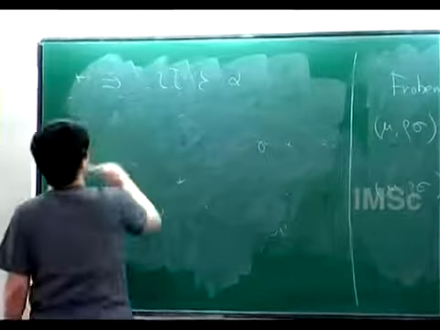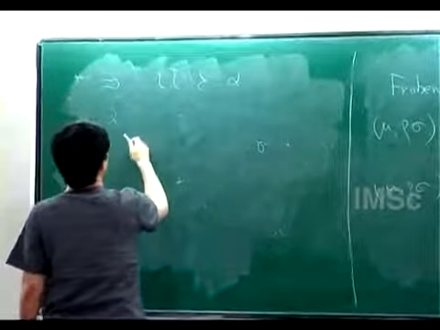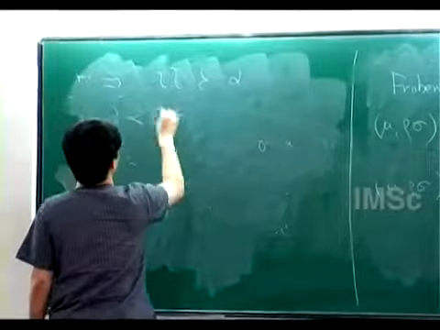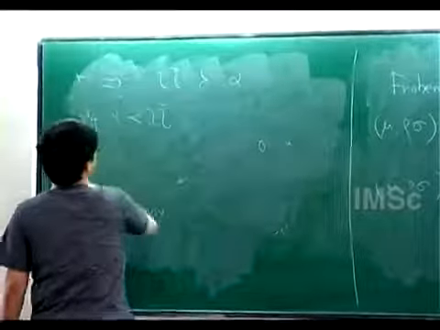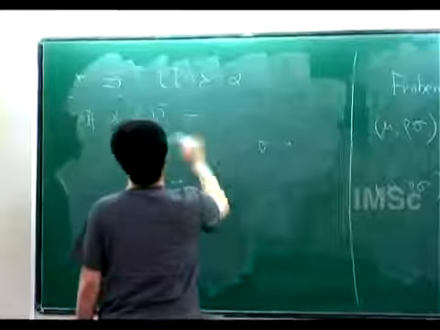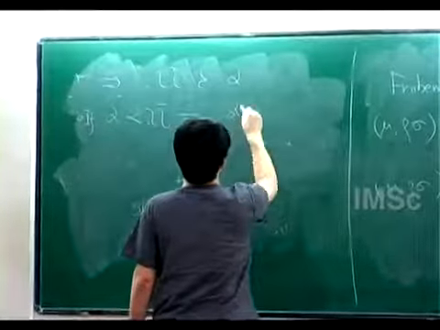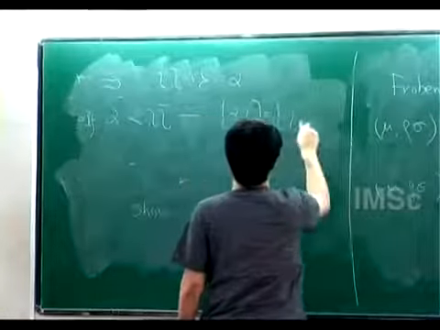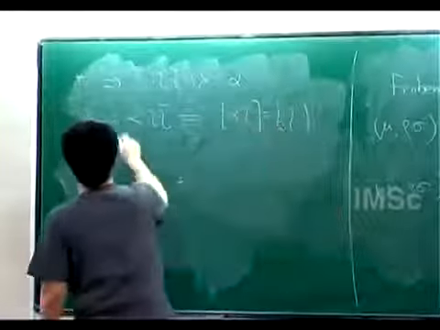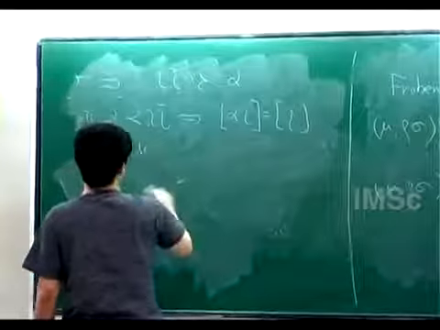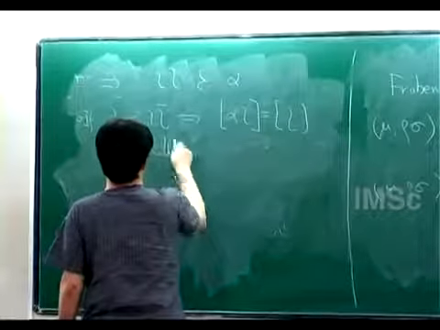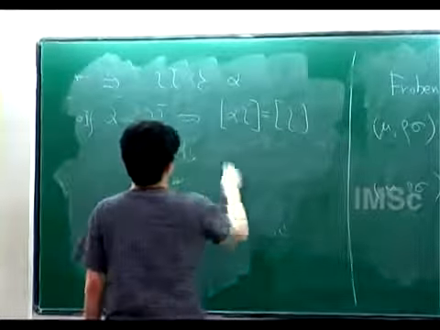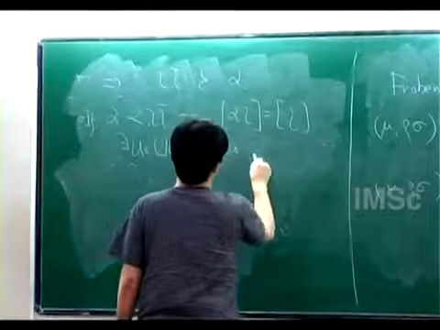On the other hand, if alpha is contained in iota bar, then Frobenius reciprocity shows that this sector is the same as iota. So it means that there exists a unitary satisfying this relation.